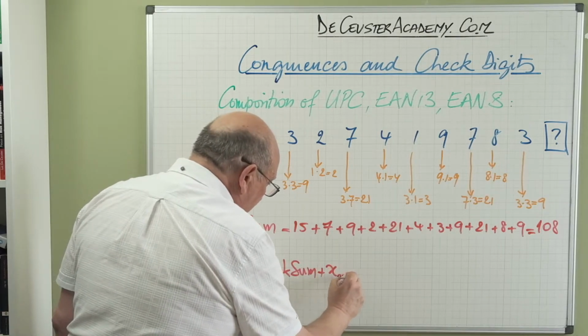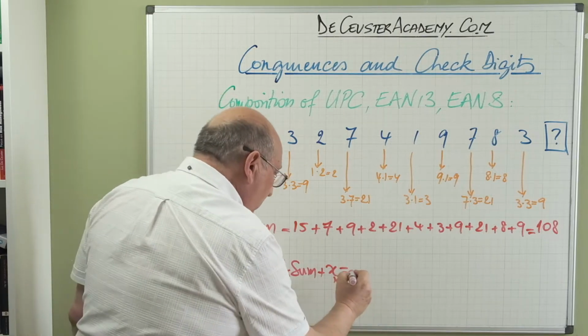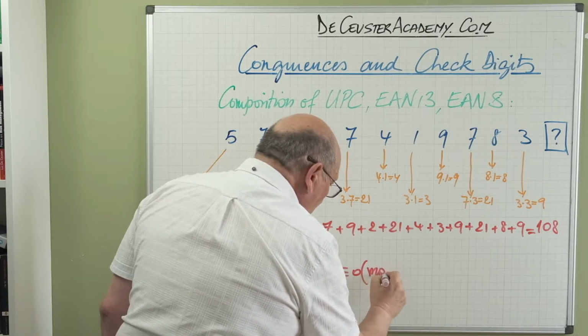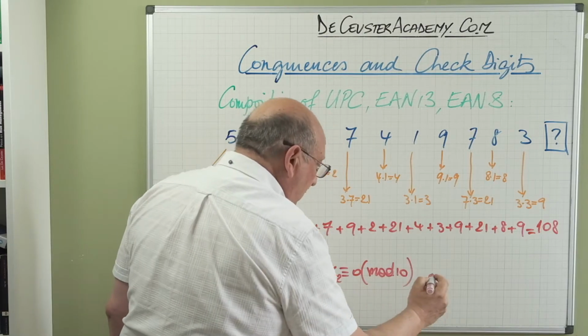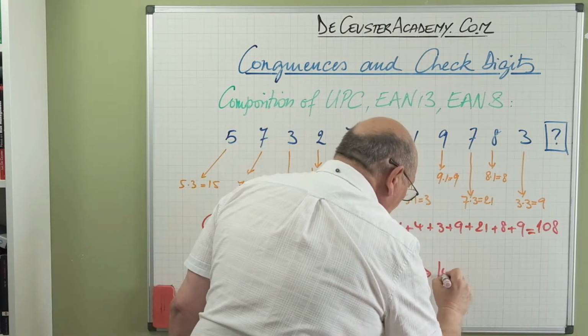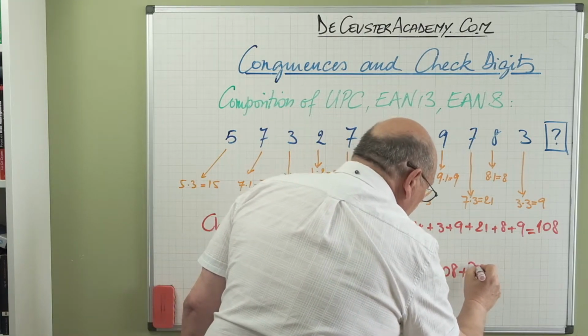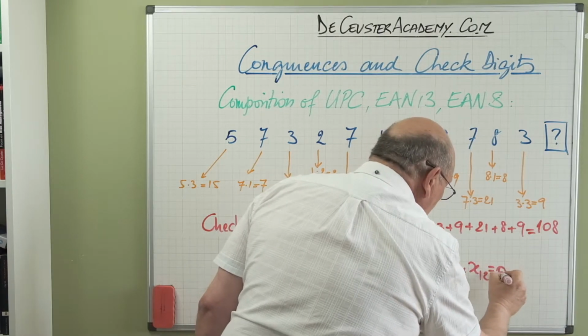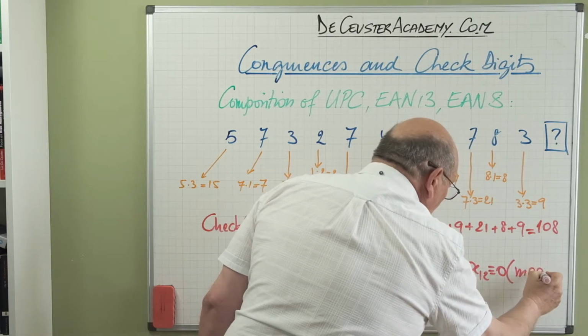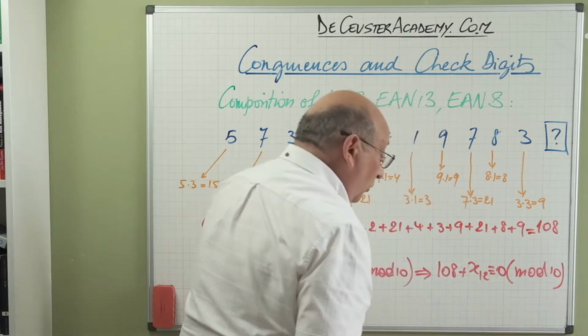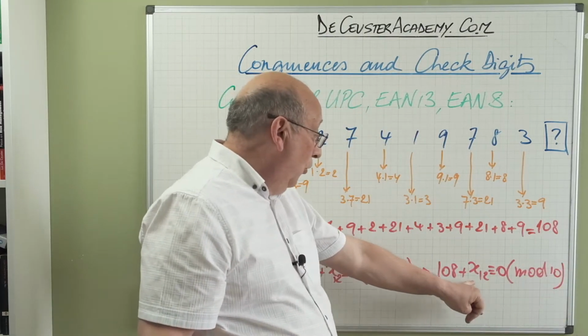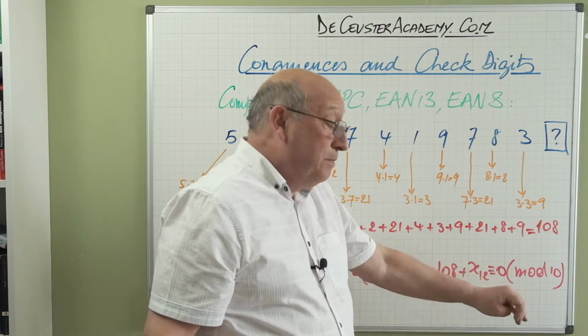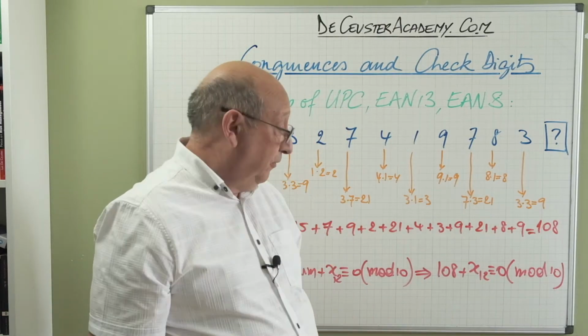plus x12 is congruent with 0 modulus 10, which gives us here 108 plus x12 is congruent with 0 modulus 10. So we have to add a number to 108, x12, to make it a multiple of 10.